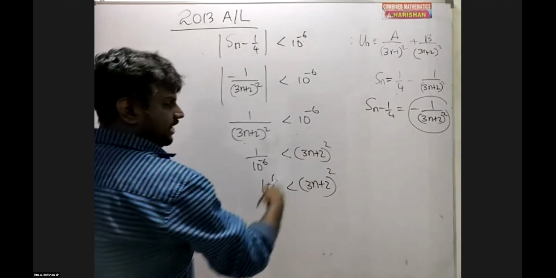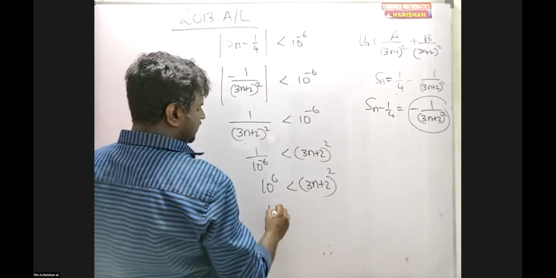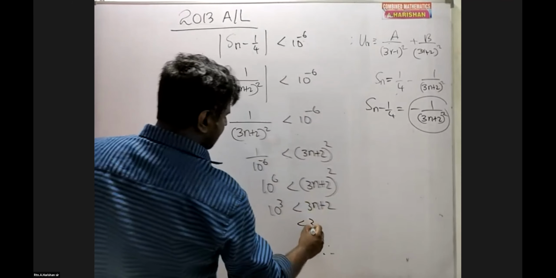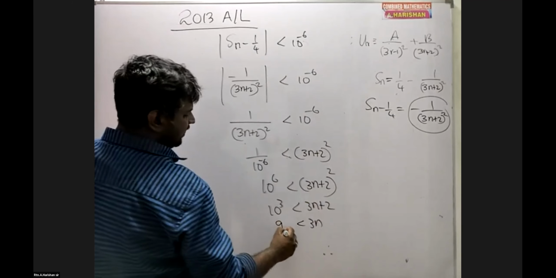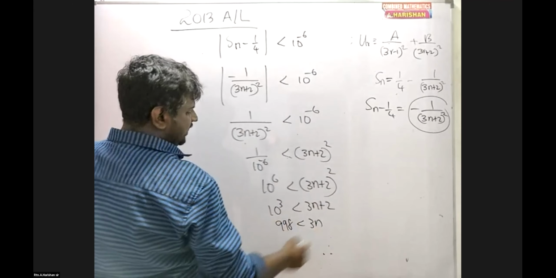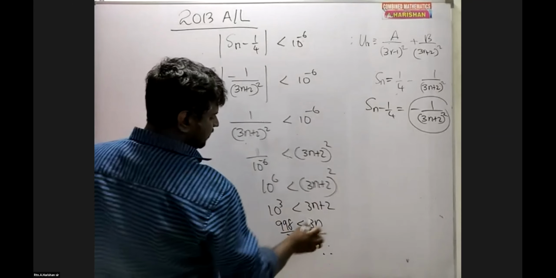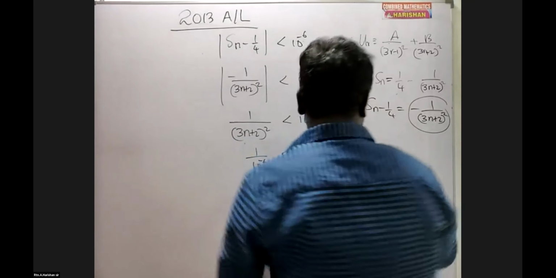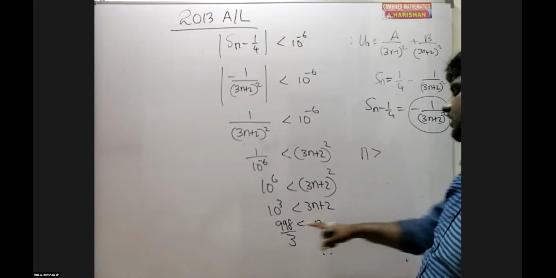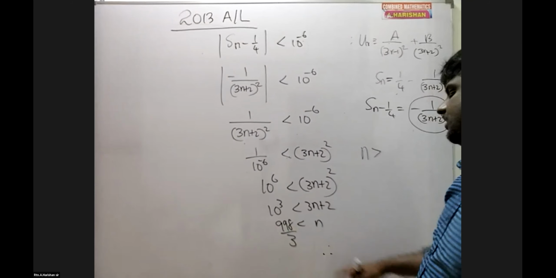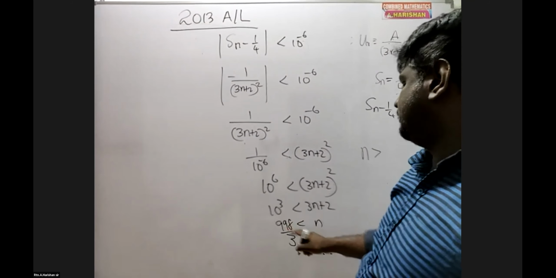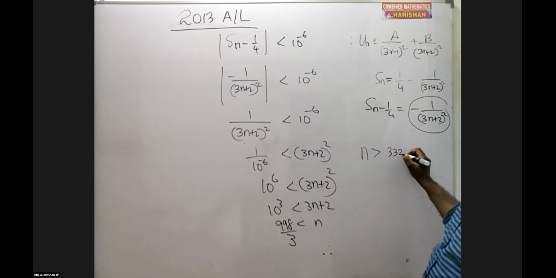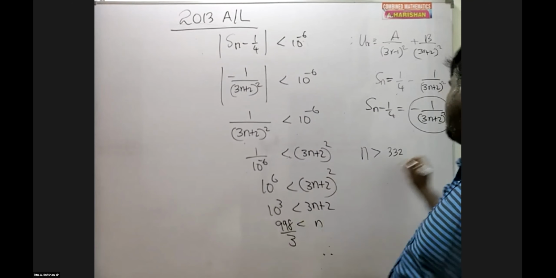Then you take the square root, that's positive. That is 3n plus 2 less than 1000. So 3n is less than 1000 minus 2, 998, so n should be greater than 998 by 3, which is 332 and 2 by 3.